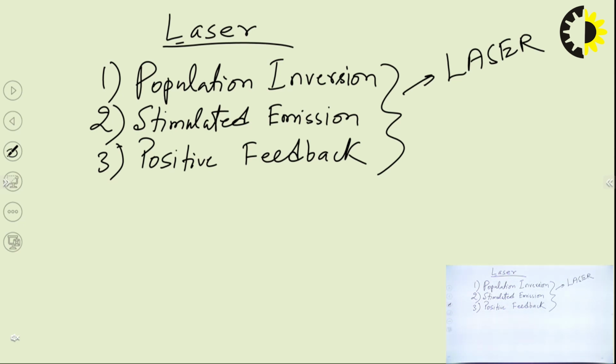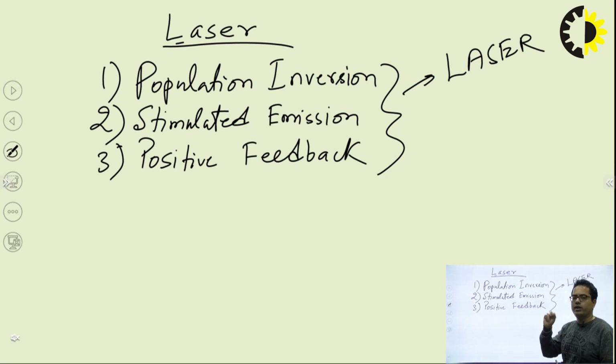Why is the name given population inversion? Initially, in thermal equilibrium, we know that most of the electrons reside in the valence band, and the conduction band has very few electrons. So somehow we pump the electrons, and those electrons move into the conduction band. Now the maximum number of electrons will reside in the conduction band.